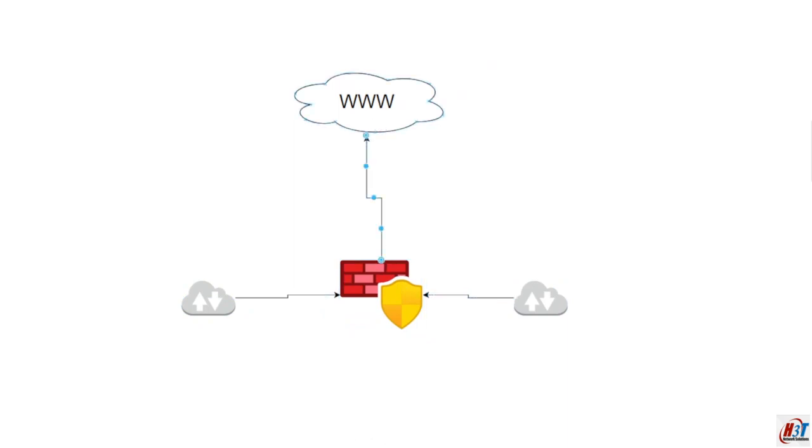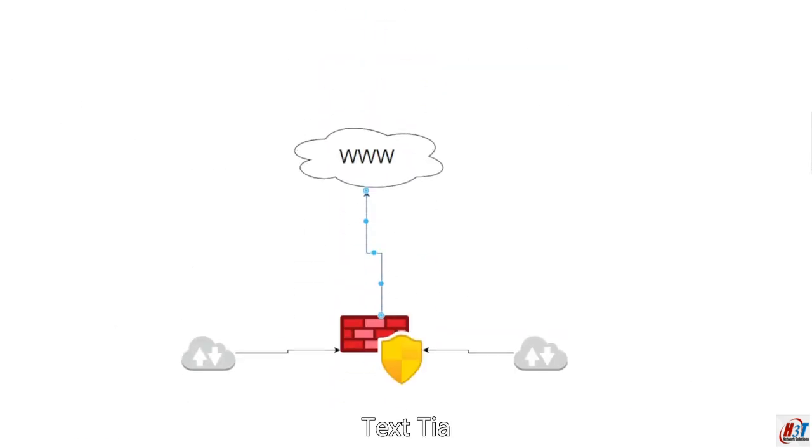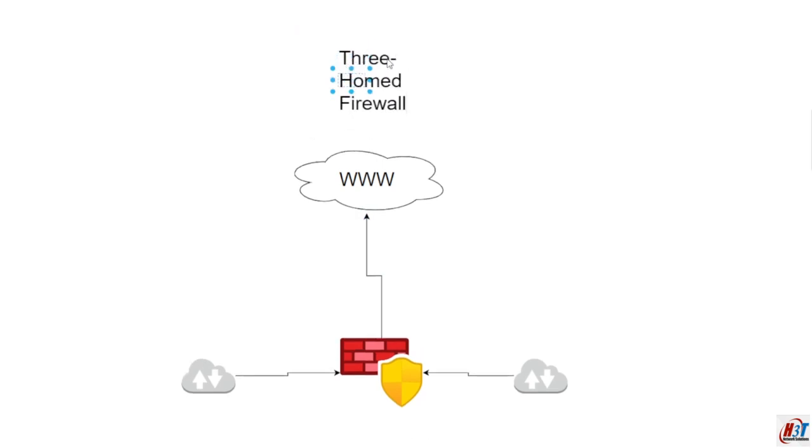This common implementation of firewalls is named the three-homed firewall. Here let's write three-homed firewall. This is the three-homed firewall.